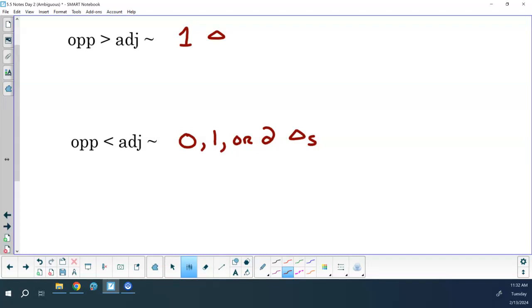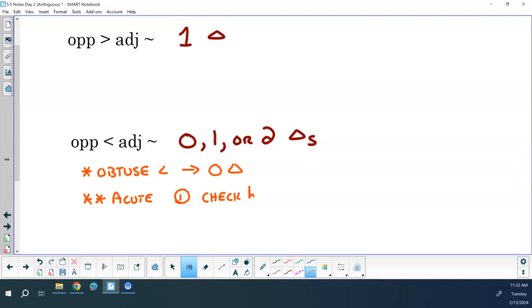Okay? So the first one is if it is obtuse, you'd get none. If it is acute, the first thing you got to do is check H. Remember, H is going to be the adjacent side times the sine of the given angle.